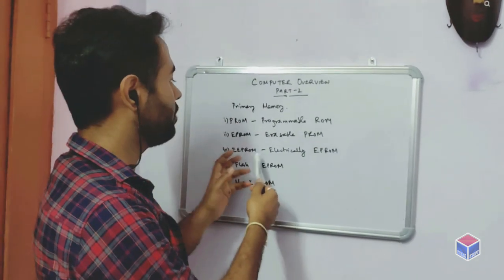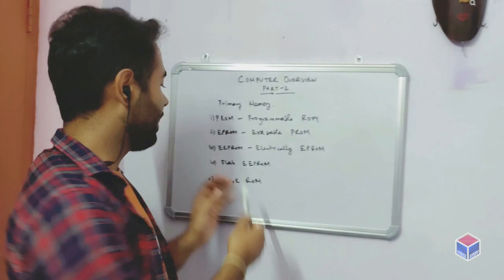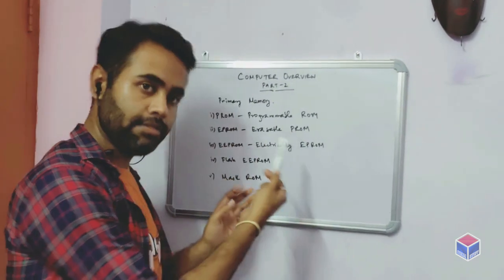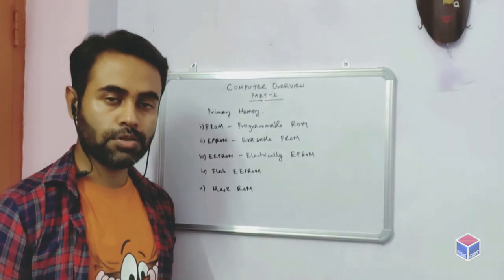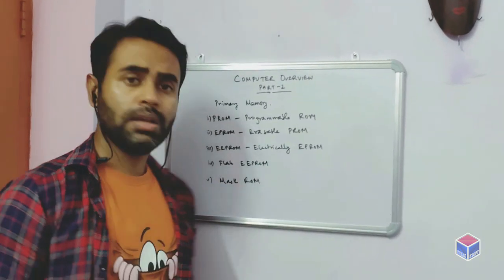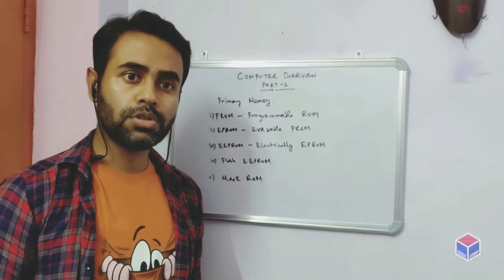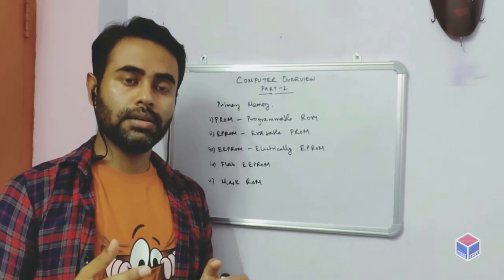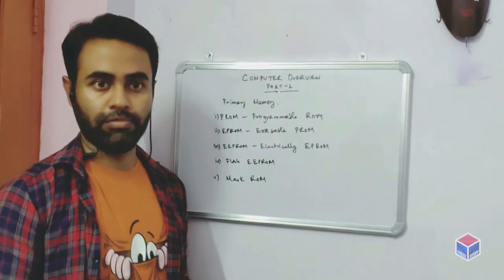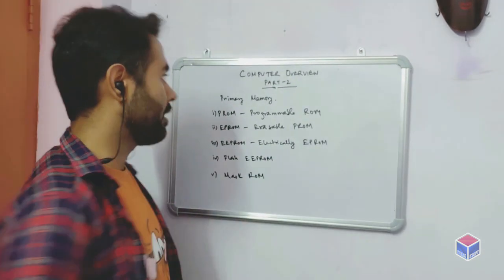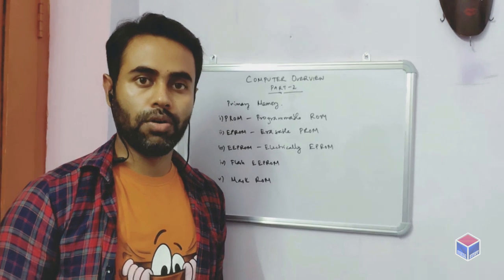For example, EEPROM is faster than EPROM, and flash EEPROM is again faster than EEPROM. Then we come to mask ROM. A mask ROM is used where a program is integrated into an integrated circuit by the manufacturer. So this is the entire hierarchy of read-only memory.